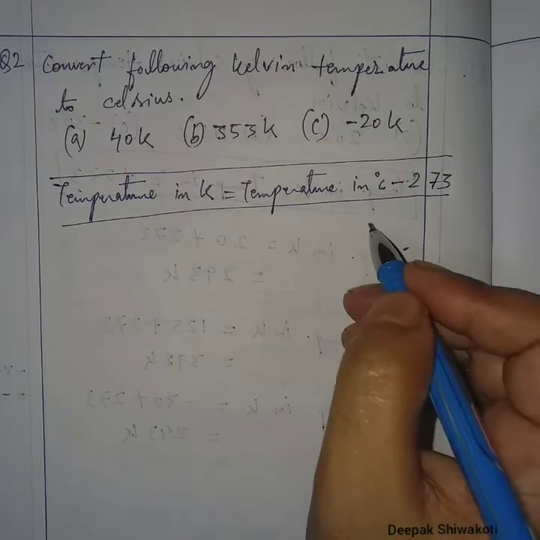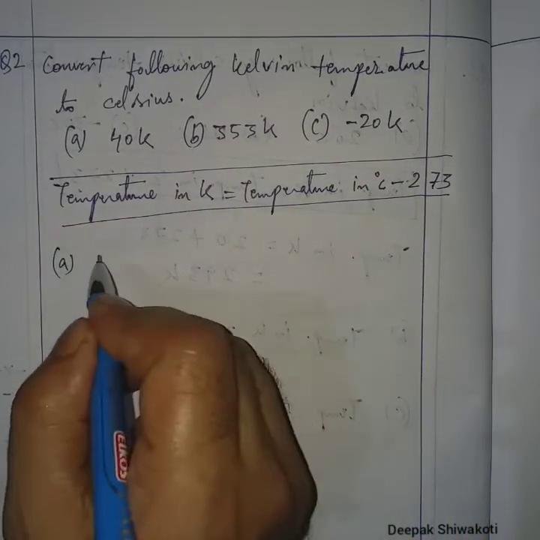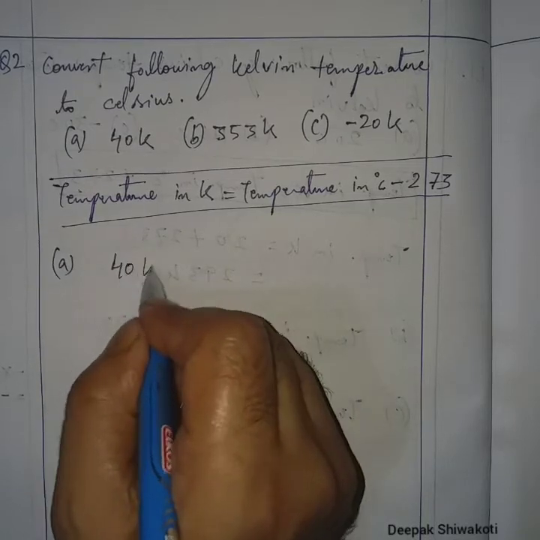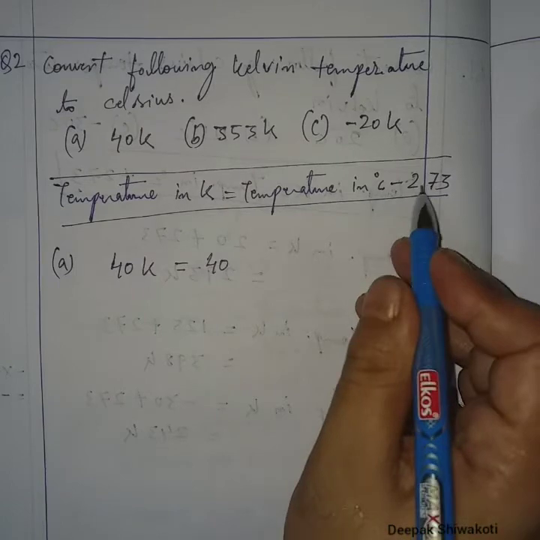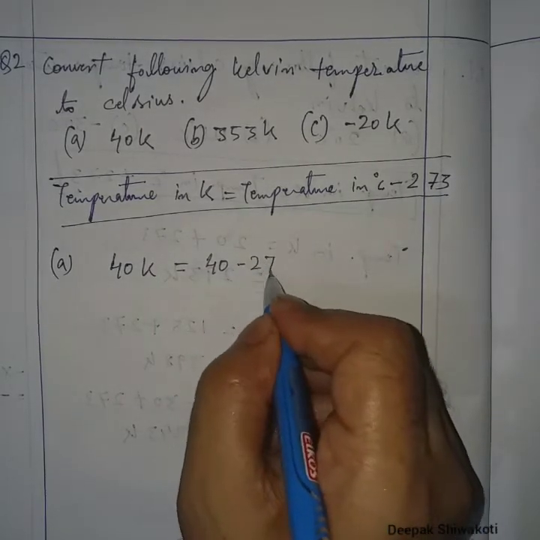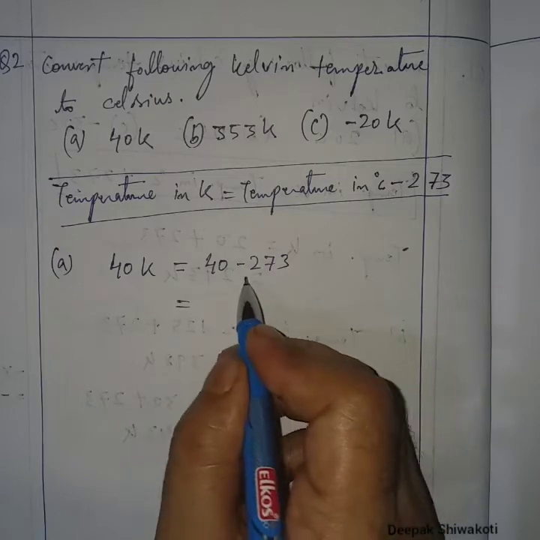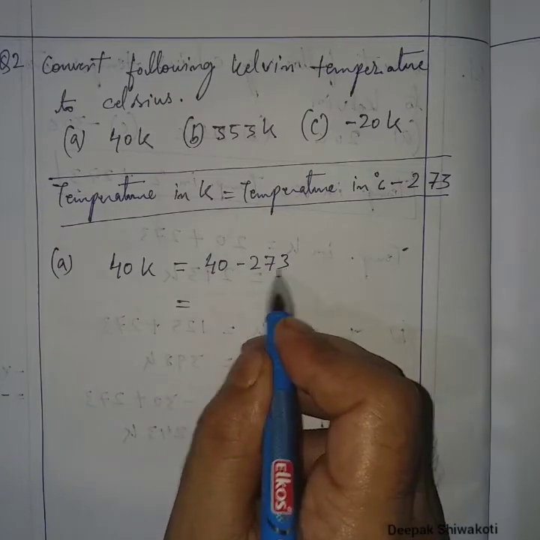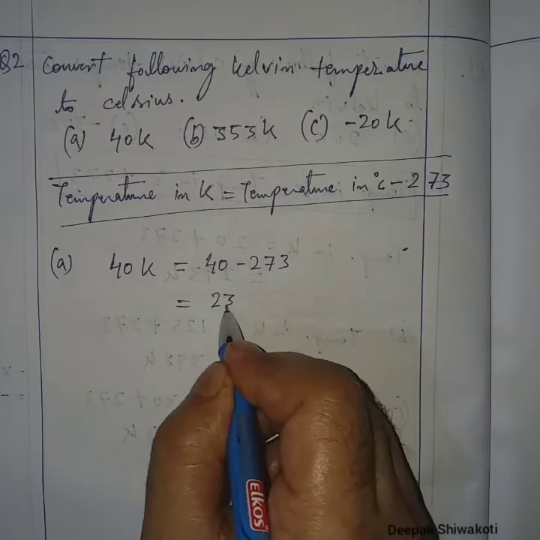Okay, here number A, 40 Kelvin will be equal to 40 minus 273. So here plus into minus is minus, that is 273 minus 40, which will be equal to 233.